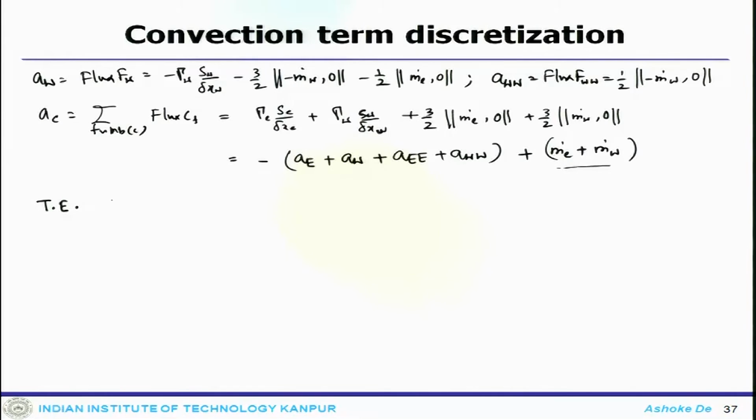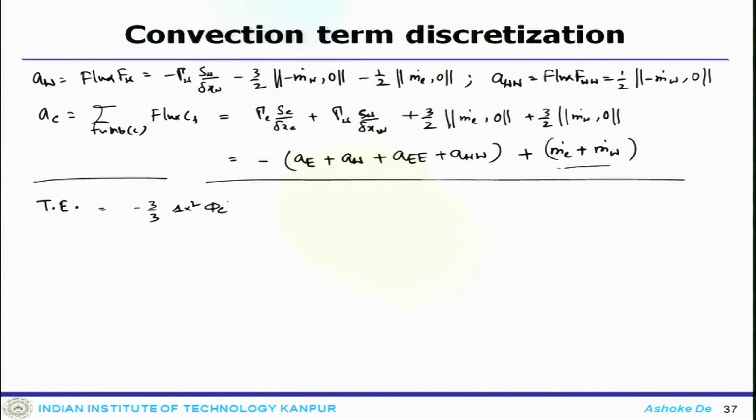For this kind of scheme, as we have used for the upwind scheme or central scheme, one can follow a similar procedure, and what one can obtain will be 3 by 8 delta x square phi c triple prime minus 1 by 4 delta x cube phi c fourth derivative and so on, which indicates that the higher order term is of delta x square, which is essentially second order accurate in spatial discretization.